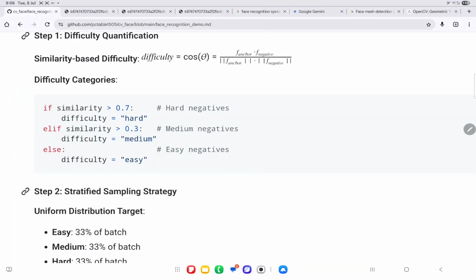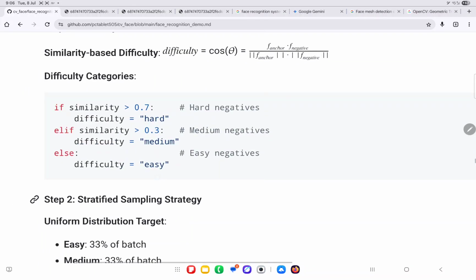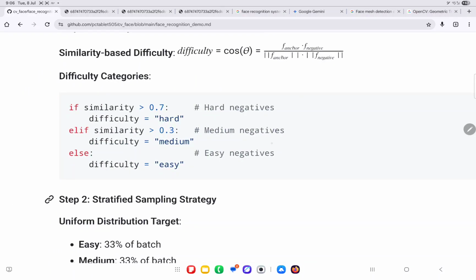We have different examples: hard negatives, medium negatives, and easy negatives, and we retrain the model on this kind of hard negatives. This is a pair of images that have very high similarity for different persons.